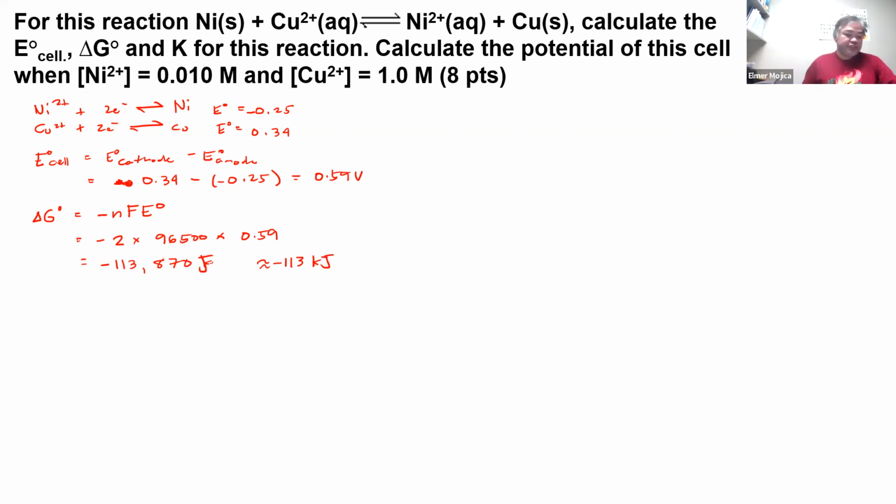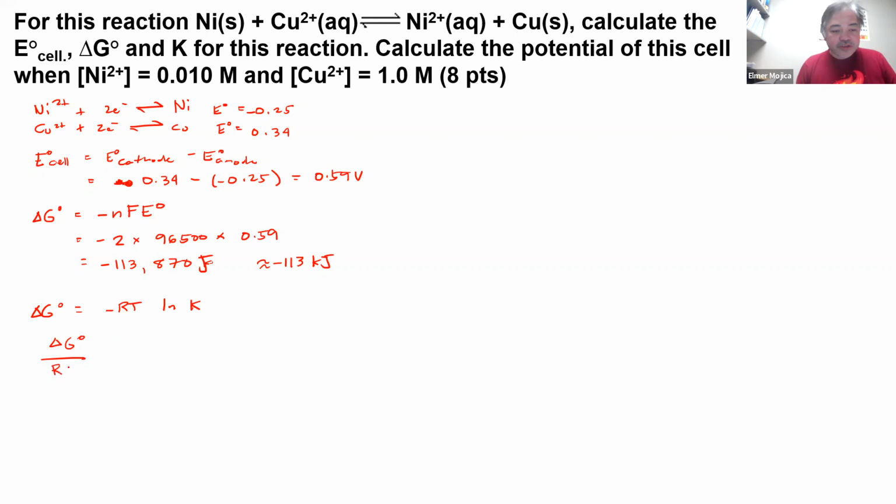Okay. So the next thing we're going to do is determine the K. We could say delta G is equal to negative RT ln K, and then we rearrange it.